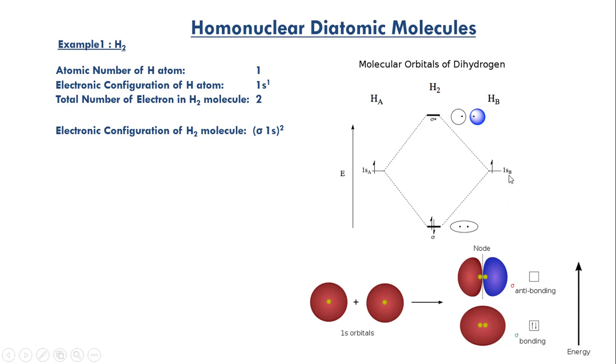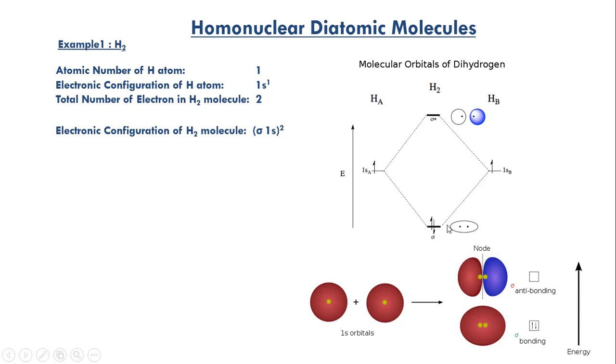When they merge together, they disappear and form the molecular orbitals: the sigma bonding molecular orbital and the sigma star anti-bonding molecular orbital. We can see that the bonding molecular orbital has two electrons and no electrons are present in the anti-bonding molecular orbital.